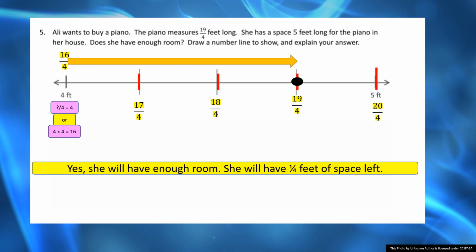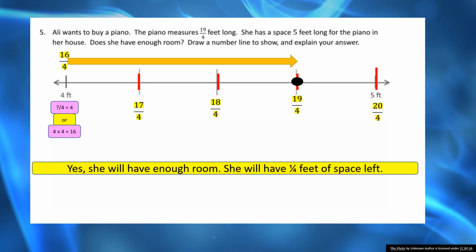So let's reread our question to make sure we have everything completed from the word problem. Again, it says Allie wants to buy a piano. The piano measures 19/4 feet long. Well, we've plotted 19/4 on our number line. She has a space 5 feet long for the piano in her house. We see that on the number line also.